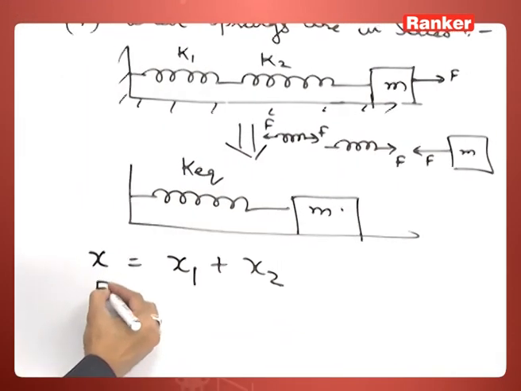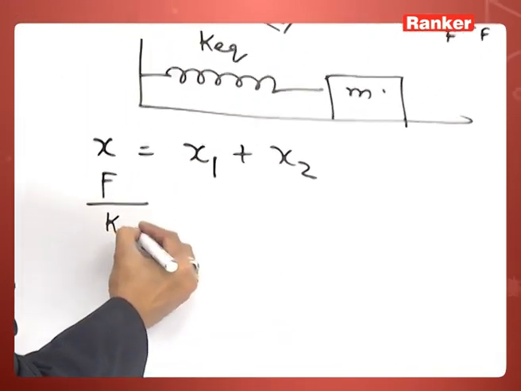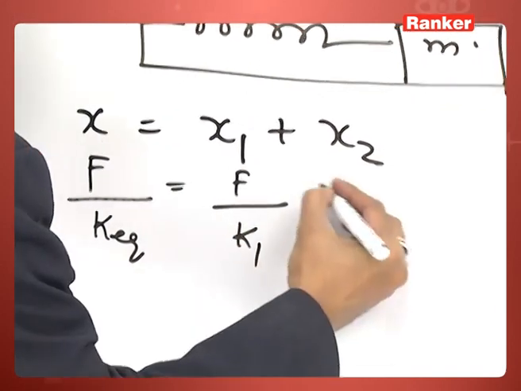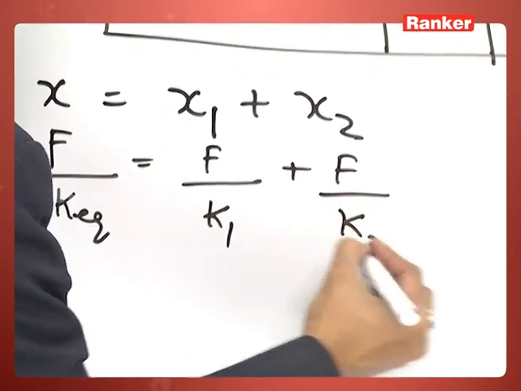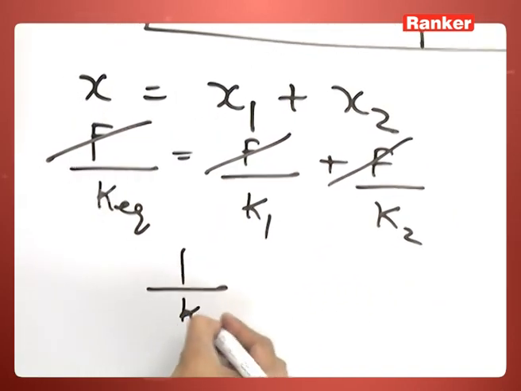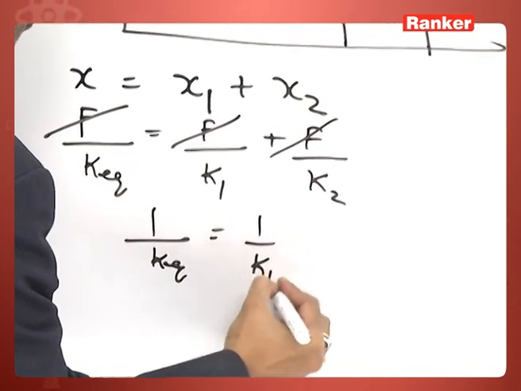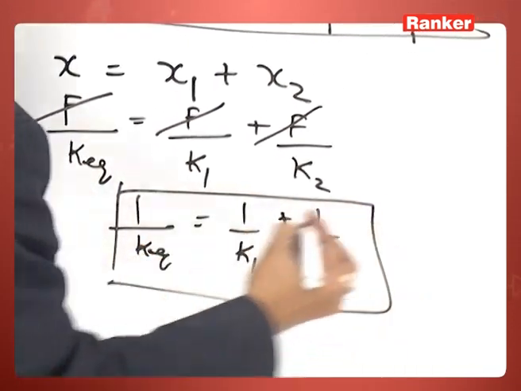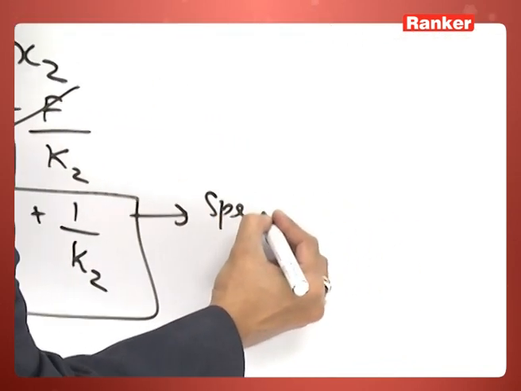So instead of x I write F by k equivalent, this I write F by k1, this I write F by k2. So all this F cancels. So I can write 1 by k equivalent is equal to 1 by k1 plus 1 by k2. This is springs in series.